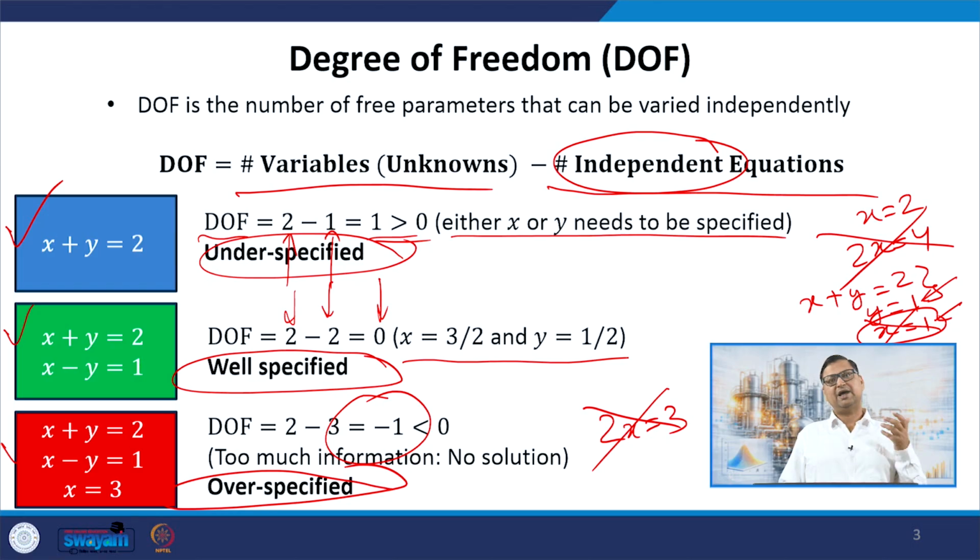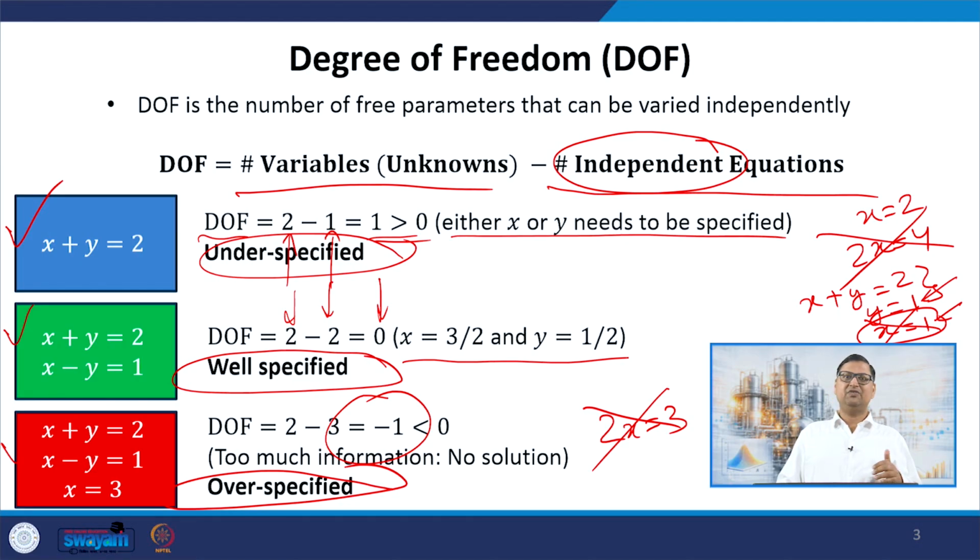So, whenever we look at any problem concerning material balance, or in general any problem where there is some mathematics involved, we have some equations involved, the first thing that we need to ensure is that the degree of freedom is equal to 0.